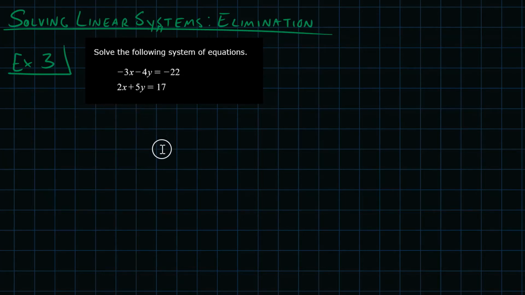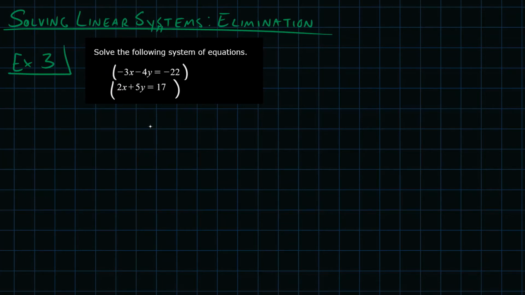Now, to try to eliminate the variable x, I want to come up with the coefficients for both of these equations that should be the least common multiple of 3 and 2. One of the simplest ways that you can multiply your two equations to make sure this happens is to simply multiply one equation by the other coefficient.